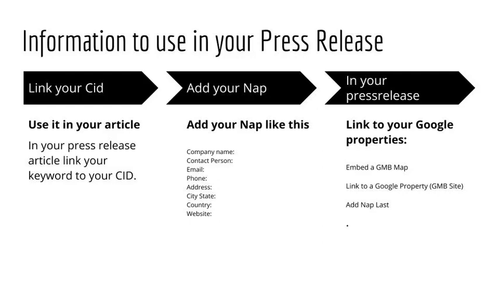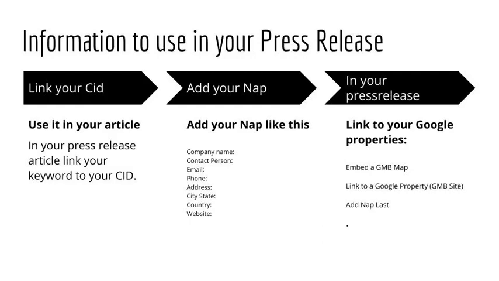You're going to add your NAP. That's your name, address, and phone number. I would freeze this frame and write everything down, right? So your company name, the contact person, the email, and everything else in the second column. And then in your press release, just make sure that you embed a Google map.